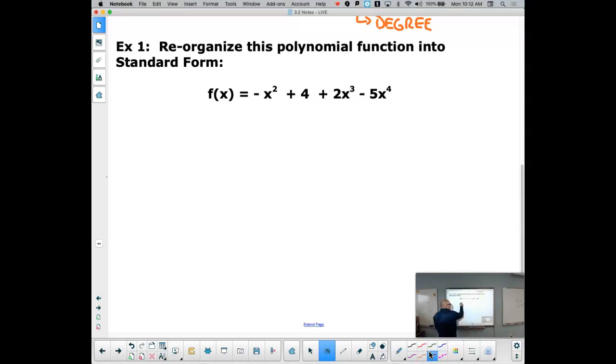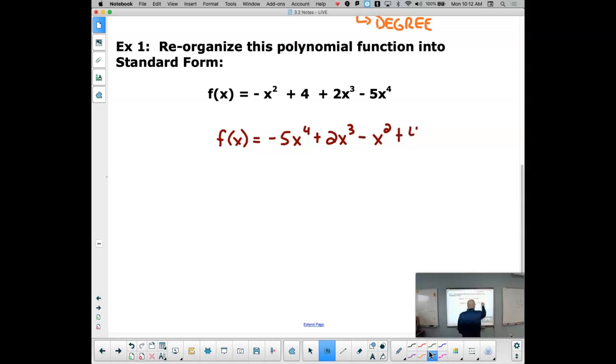So this would be f of x. My biggest exponented term is this one, negative 5x to the 4th power. Next biggest one would be plus 2x cubed. Next biggest one would be minus x squared.